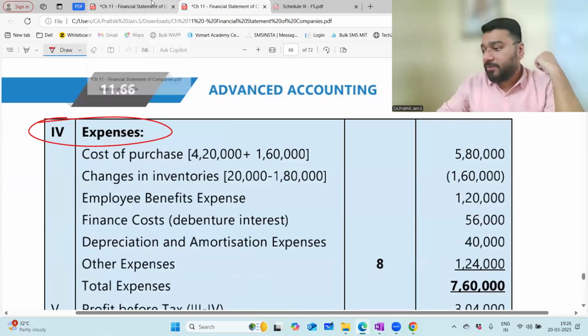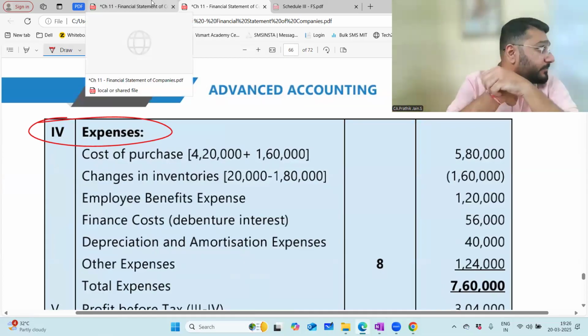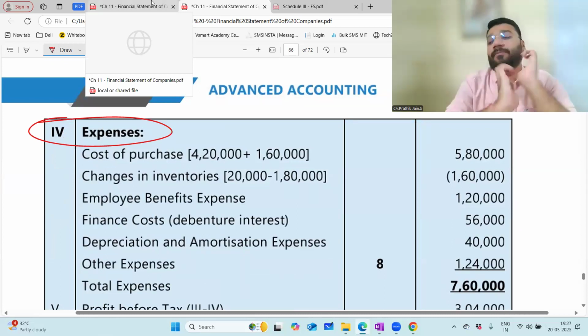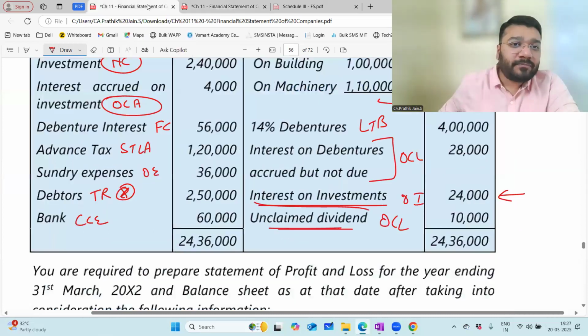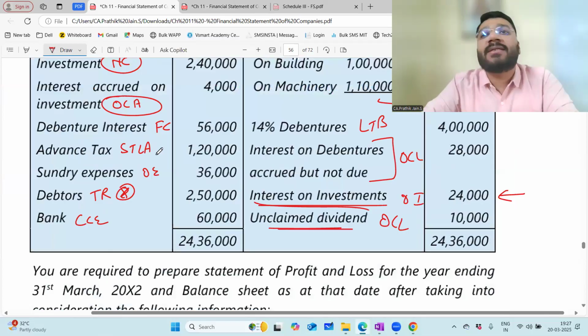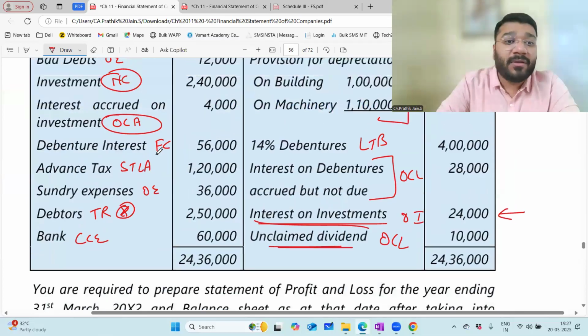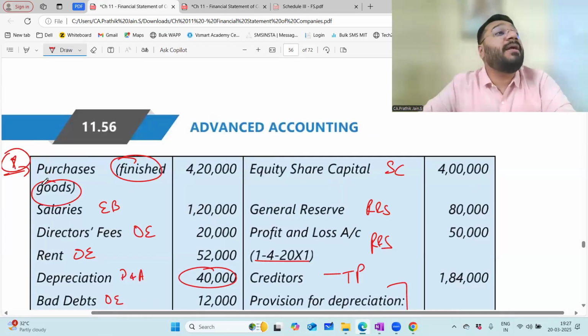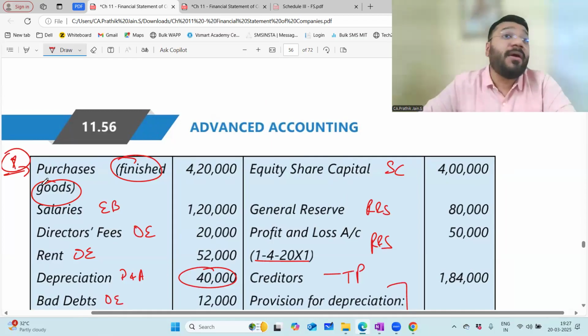Now keep all your pens down and listen to me very, very carefully. If I read the question, it is clearly understood that this is not a manufacturing concern. It is clearly mentioned that we are purchasing the finished goods. Only a trader will buy the finished goods.